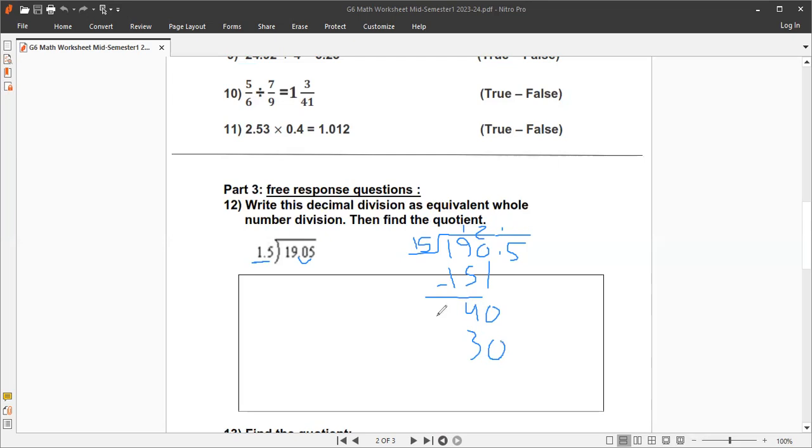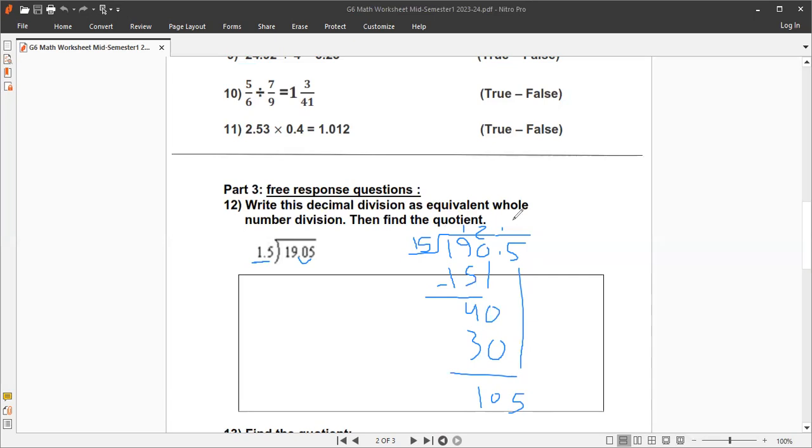In this free response question, you have to show the steps. You have to show your work. 40 minus 30 is 10. Now I bring the 5 down. 105 divided by 15. How many 15s in 105?